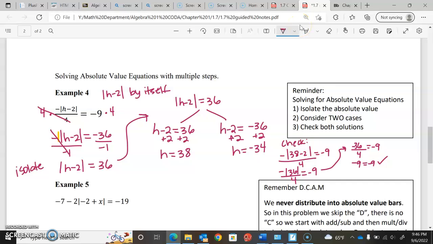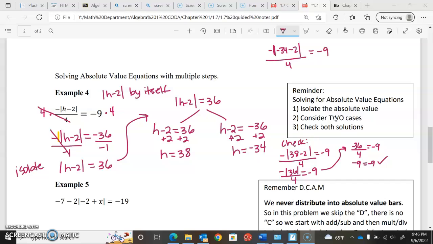I'm going to go up here and check negative 34. So negative the absolute value of negative 34 minus 2, all over 4 equals negative 9. When you're doing the order of operations, I didn't mention this yet, but you can think of absolute value like parentheses. It's a grouping symbol.